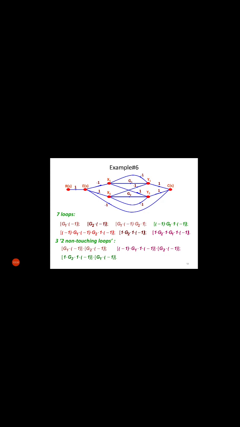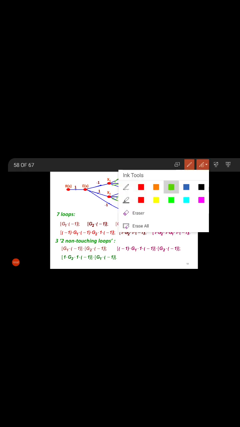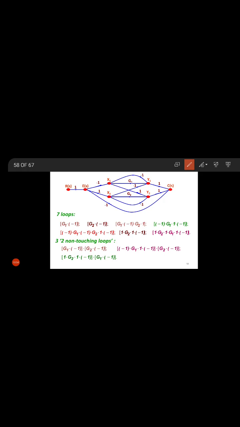So see, there are 3 such combinations of two non-touching loops. So first combination is G1 minus 1. This loop and this loop are non-touching. Okay, next is minus 1, G1, 1 or minus 1.